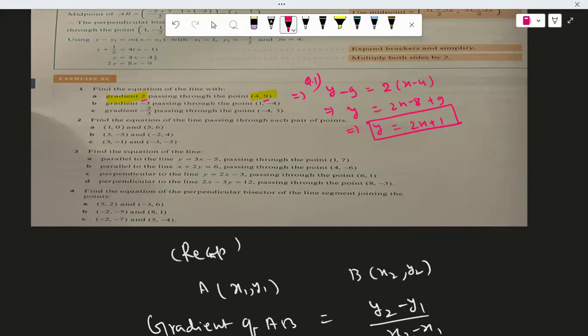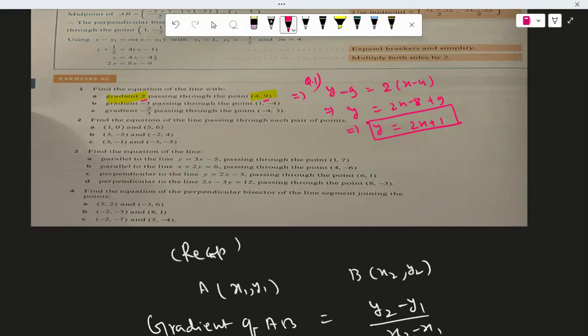If 2 points are given, question number 2, which one will it be? We just discussed it, and we also discussed it previously as well.